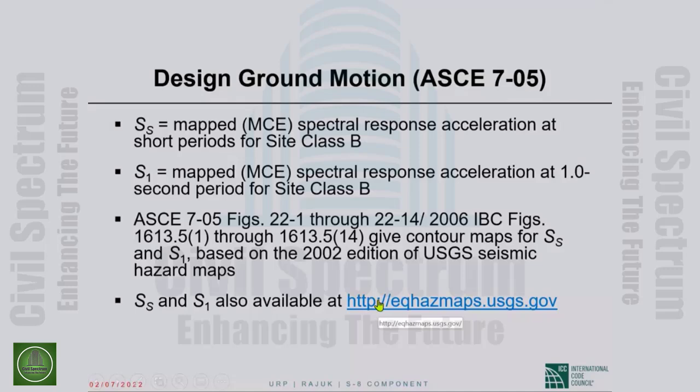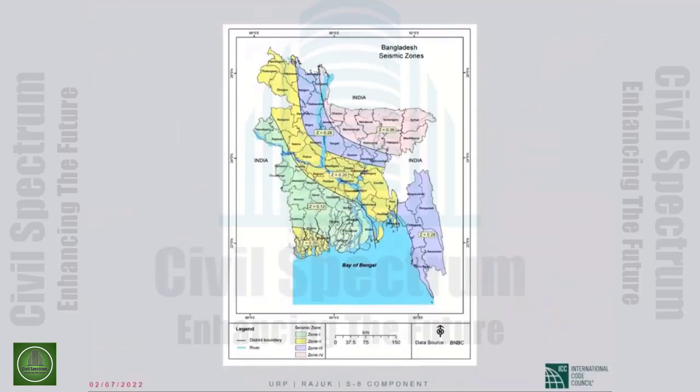We don't have to go to the USGS website. But anyway, for Bangladesh, you don't need the US values, so it's beside the point. The point I'm trying to make is S sub DS and S sub D1 are quantities derived from S sub S and S sub 1, which are the basic quantities.